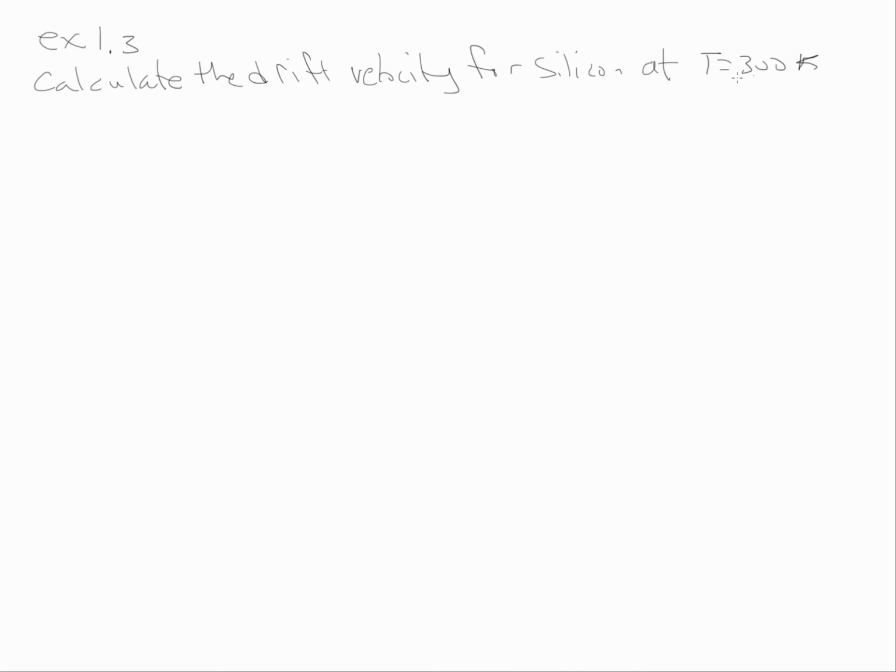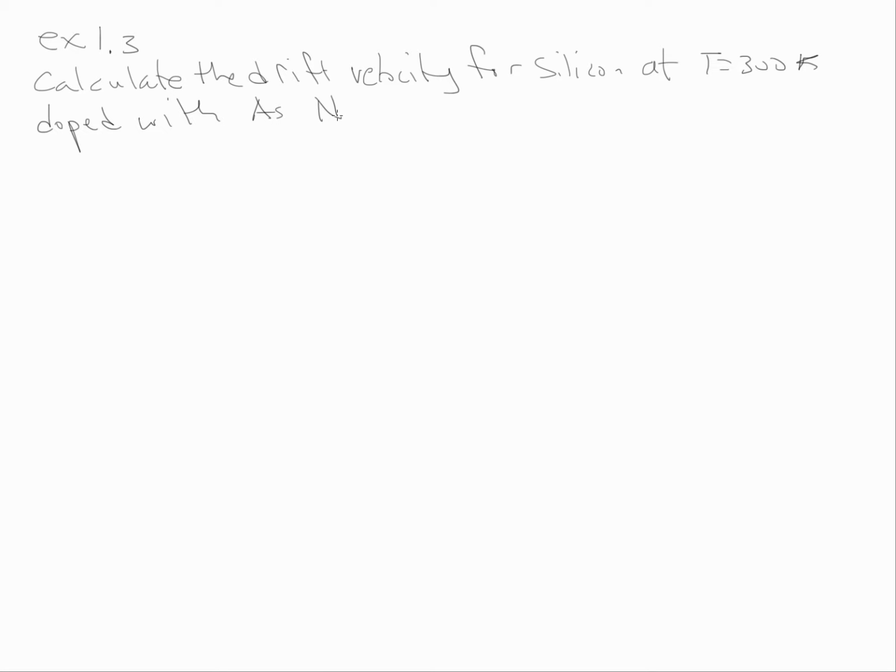So now I'm going to work an example, and this is example 1.3 in the book. And it basically says, calculate the drift velocity for silicon at temperature equals 300 Kelvin, and it's been doped with arsenic.